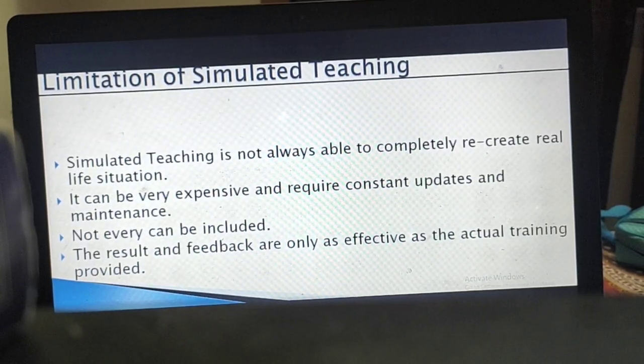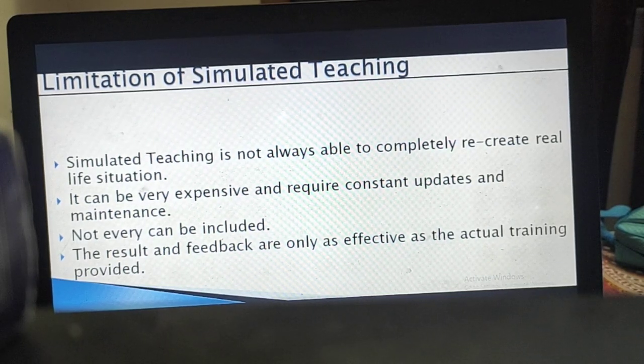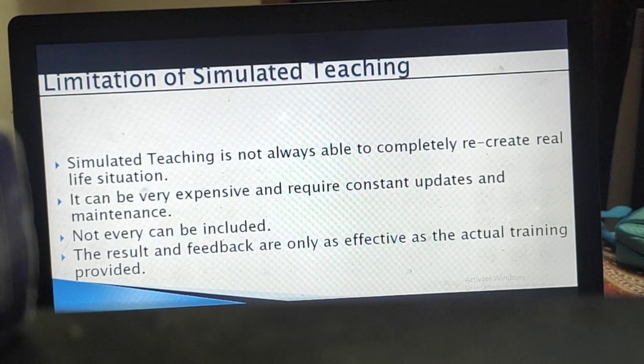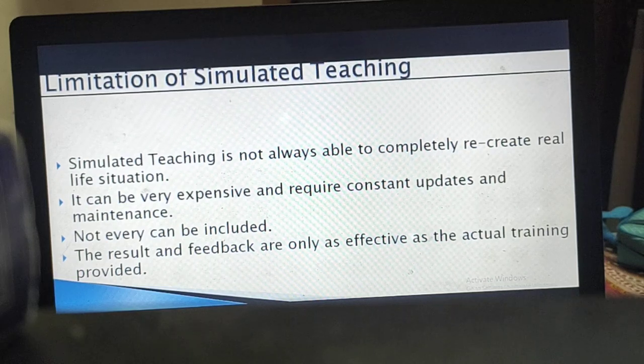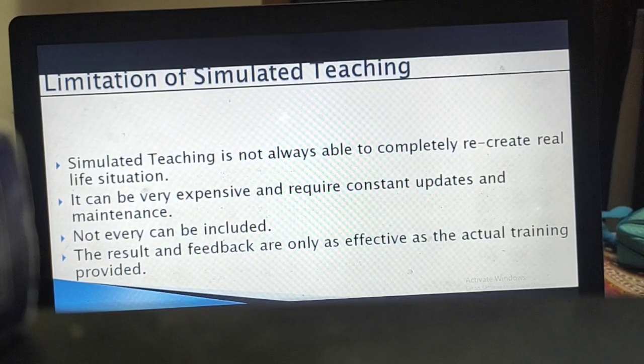Limitations of simulated teaching: there are also some limitations. Simulated teaching is not always able to completely recreate real life situations. It does not always utilize time well and does not always create real situations. It is also very expensive and requires more time.